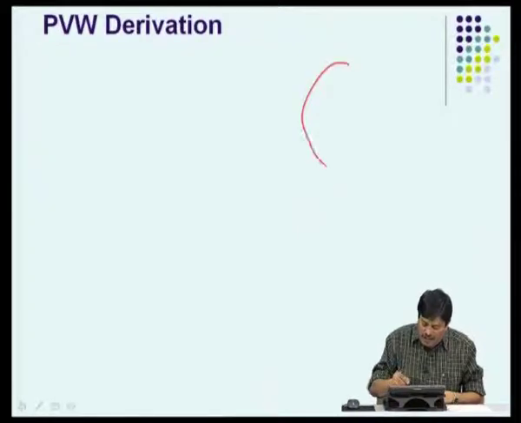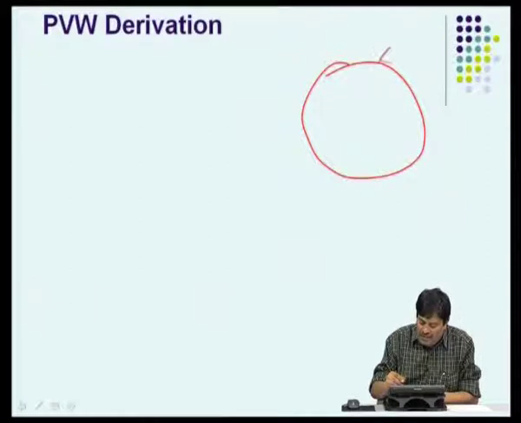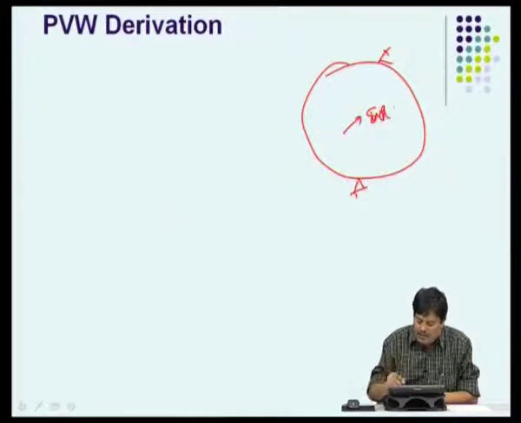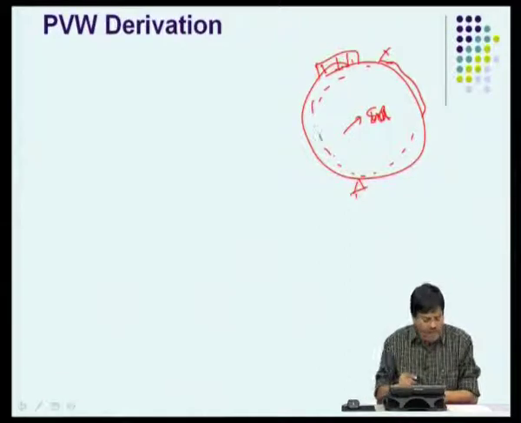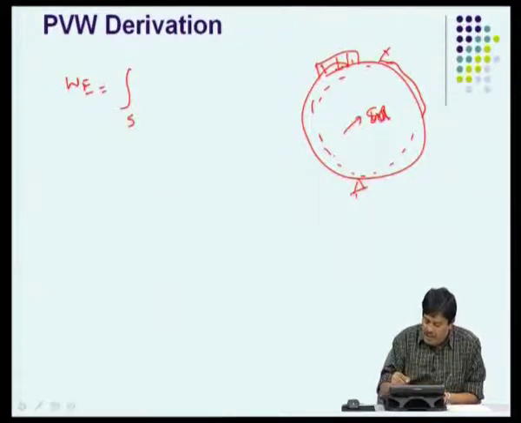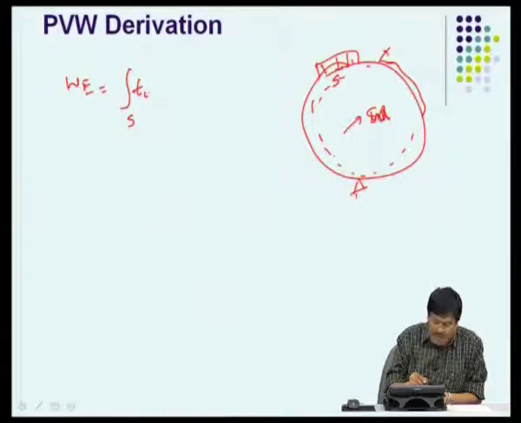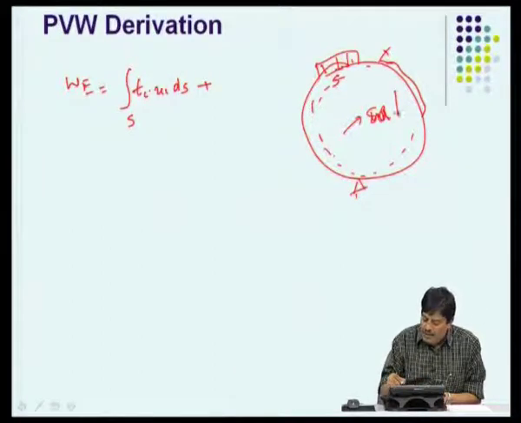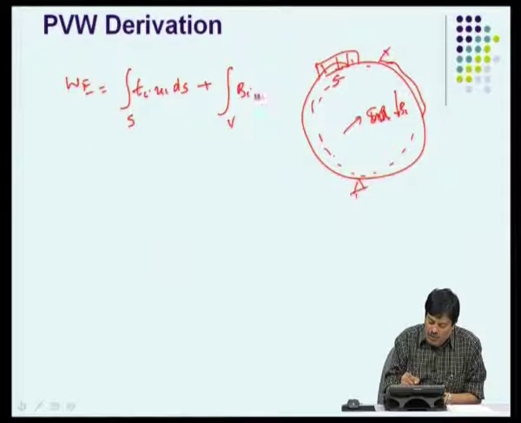Again I will take a body here, and if you have these boundary constraints and you give a virtual displacement, some delta u, to some position here, and you have body tractions all over acting, and this deforms in a manner so that the kinematic constraints are not violated, then we have that the total energy We will be equal to the integral over the surface, I call this the surface where the traction is acting, Ti into Ui, it has 3 components, into dS over the surface, and if Bi is the body force per unit volume, this is over the volume Bi into Ui dV.